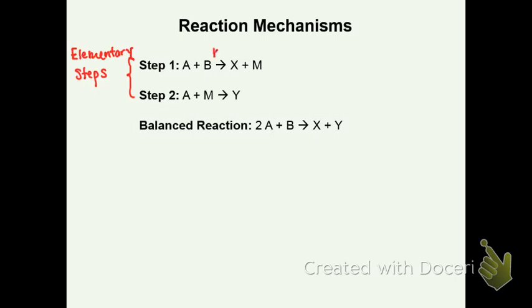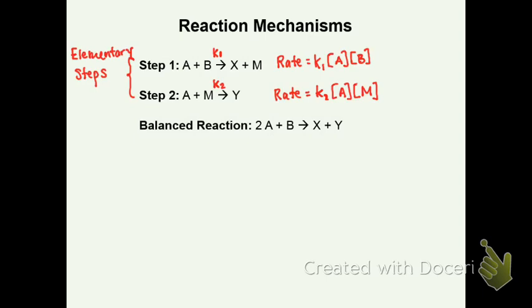If we call the rate constant for step 1 K1, the rate for step 1 would just be K1 times the concentration of A times the concentration of B. And if we call the rate constant for the second step K2, that rate would be K2 times the concentration of A times the concentration of M. So again, we can only write rate laws directly from the stoichiometry of a reaction when it's an elementary step.